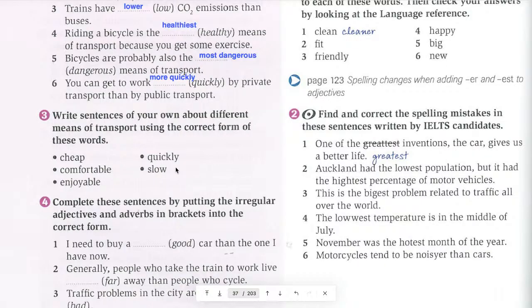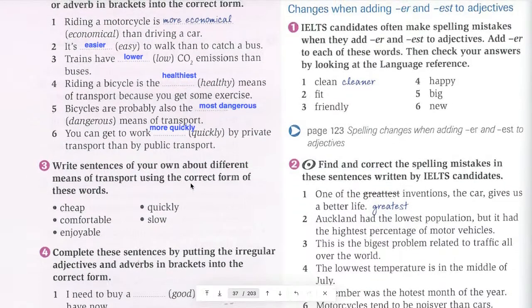You need to write 5 sentences for these 5 words in your notebook, of course, about different means of transport. You can make some comparisons or something. You say that using a car or using this one is cheaper or more expensive or something like that. Write 5 sentences fast. Do it.